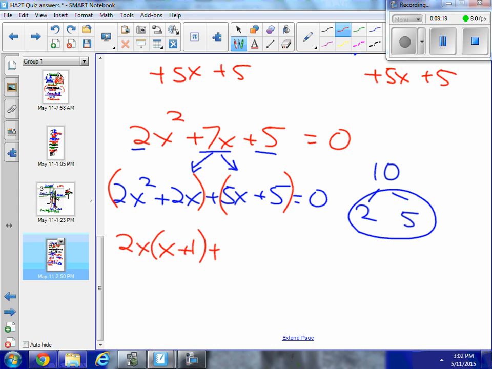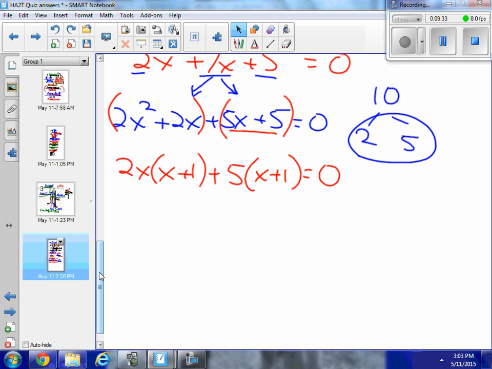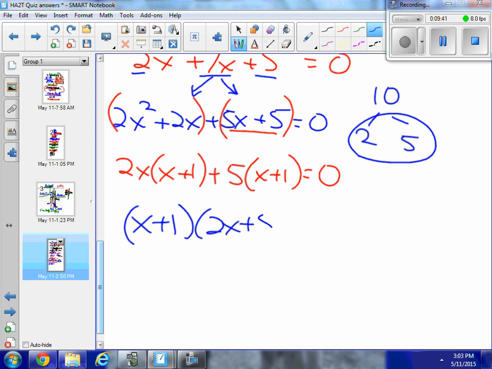And I have a plus, and out of this binomial here, I'm going to pull out a 5, and I get an x plus 1, which makes me happy, and that equals 0. Because now I can undistribute this, and what I end up with is x plus 1 times 2x plus 5 equals 0.